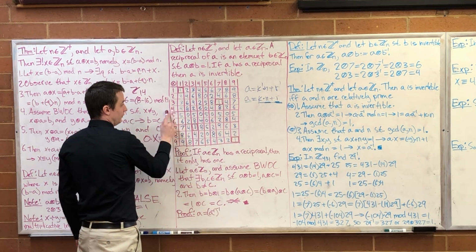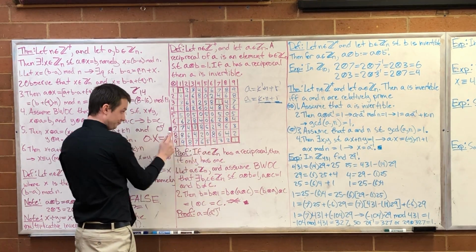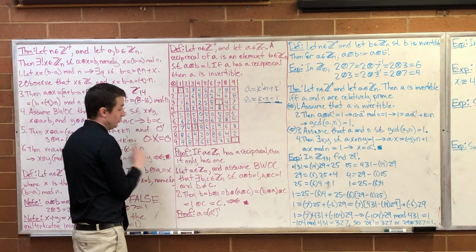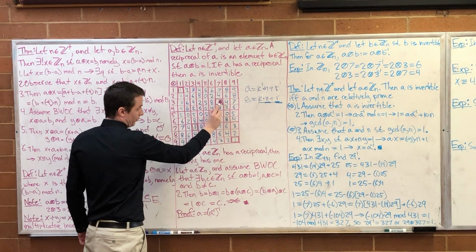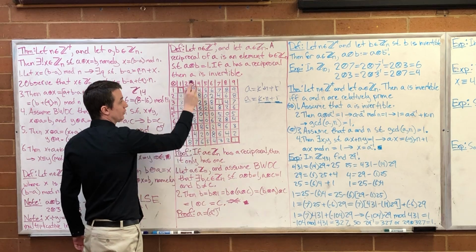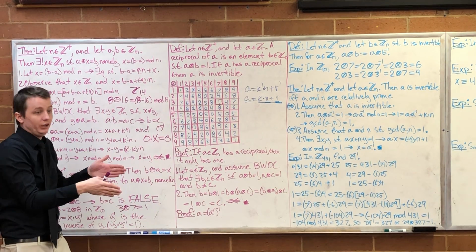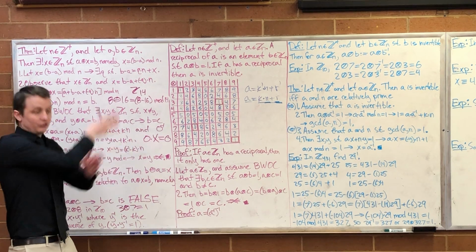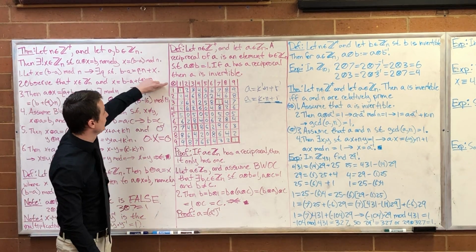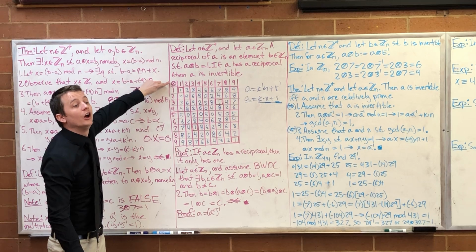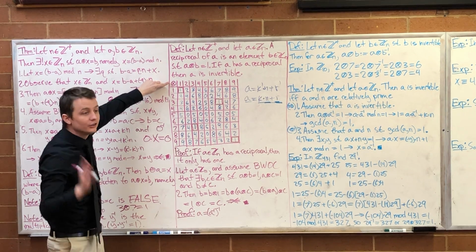So 3 has one. 4 doesn't, 5 doesn't, 6 doesn't. 7 has one. Notice, since 3 was a reciprocal of 7, 7 is a reciprocal of 3. Right? If 7 times 3 equals 1, it better be the case that 3 times 7 equals 1 because of commutativity.